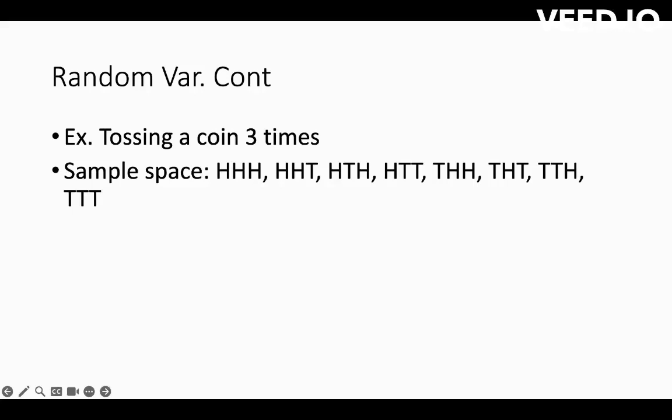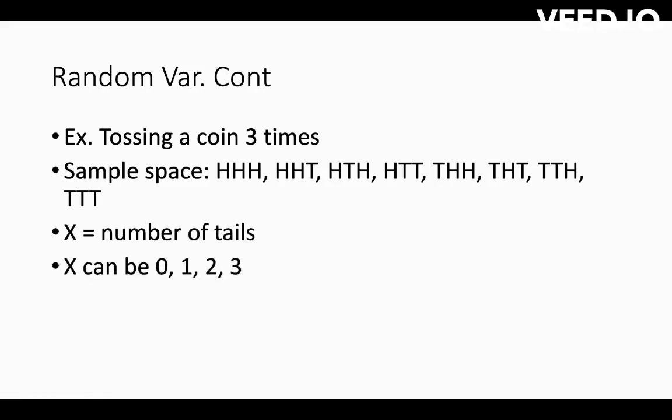And the sample space will be HHH, HHT, HTH, HTT, THH, THT, TTH, and TTT. We can set the random variable x to be the number of tails. And then x can be 0, 1, 2, or 3.